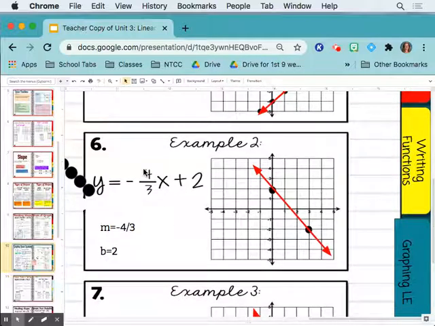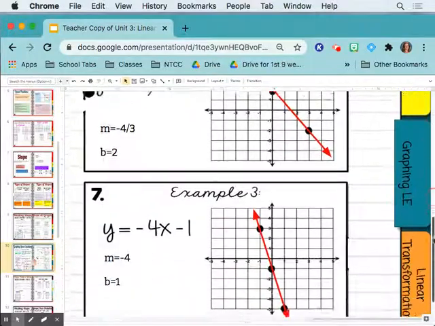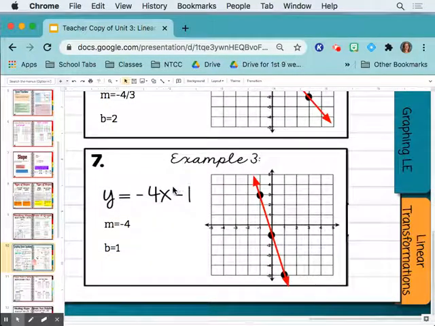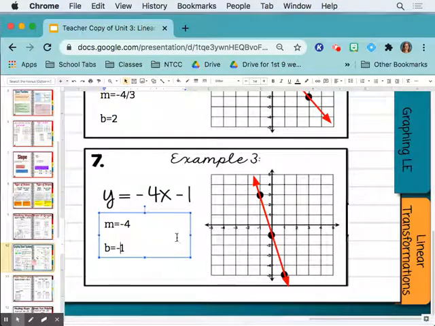Make sure if it is -4/3, you're going down 4 and always go right 3. Okay, the next one is our y-intercept. Oh, it's -1. I didn't put that here, -1. And then your slope is down 4, right 1. And then when you want to find another point, you'd go up 4 over 1.